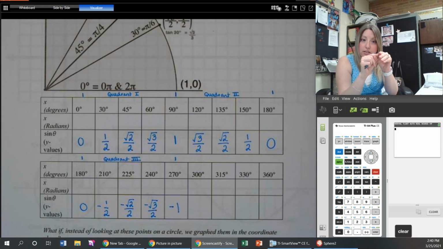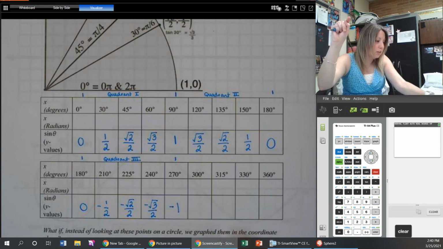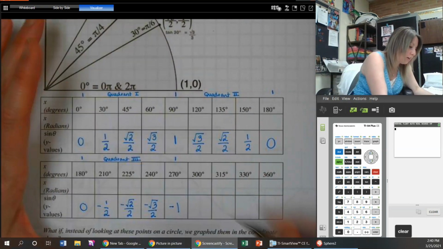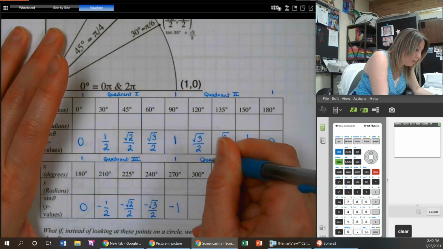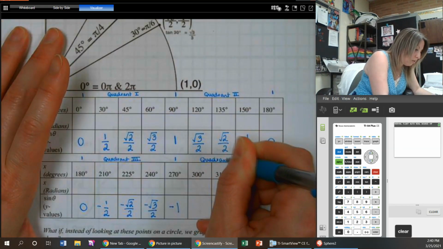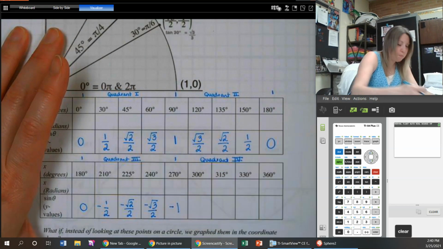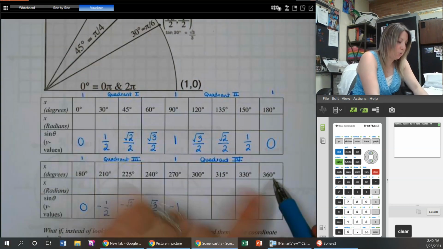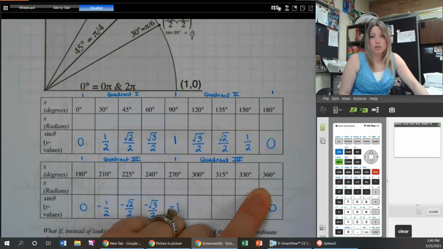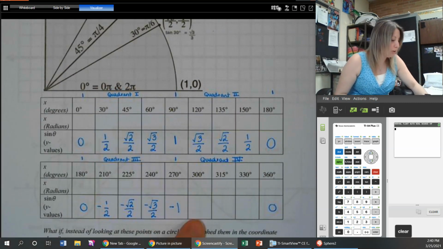We're on the y-axis. Now back up towards this point right here, 0 again. So here's where quadrant 4 is, back up to the 360 that we know is another y value of 0. So let's move back up this direction.